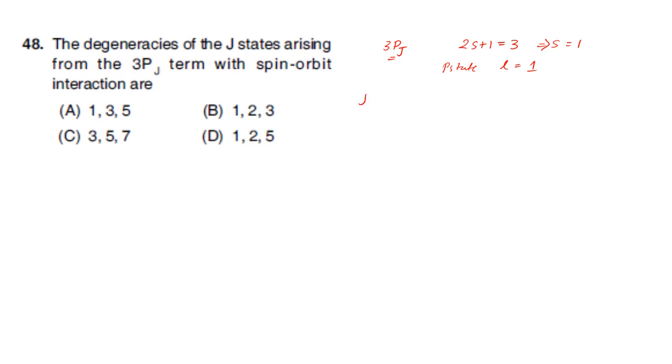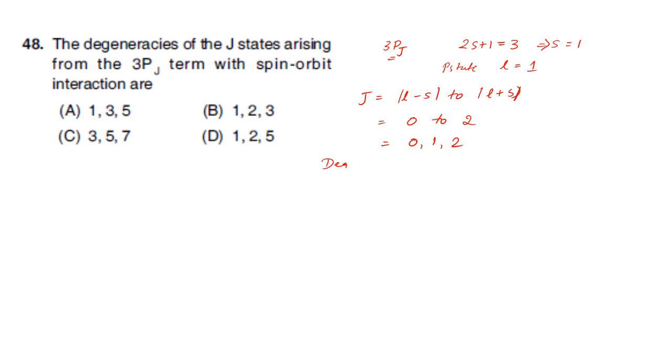Then J runs from L minus S to L plus S. So L minus S is 0, and L plus S is 2. Hence the values of J are 0, 1 and 2.